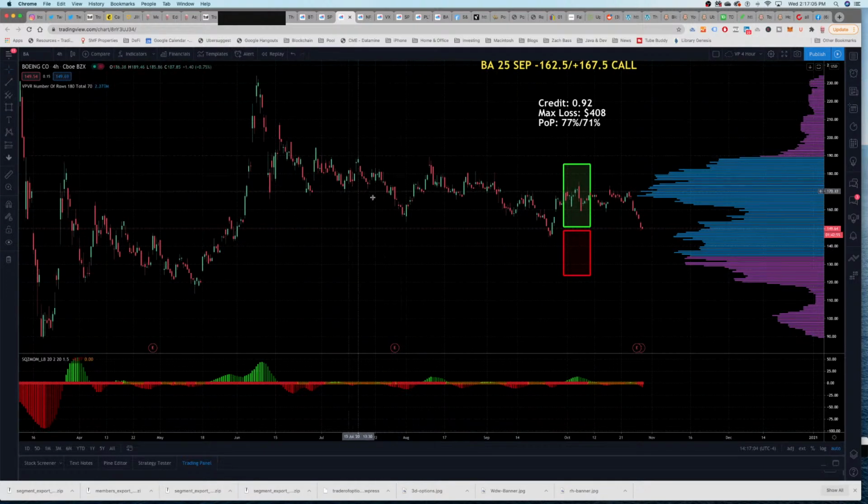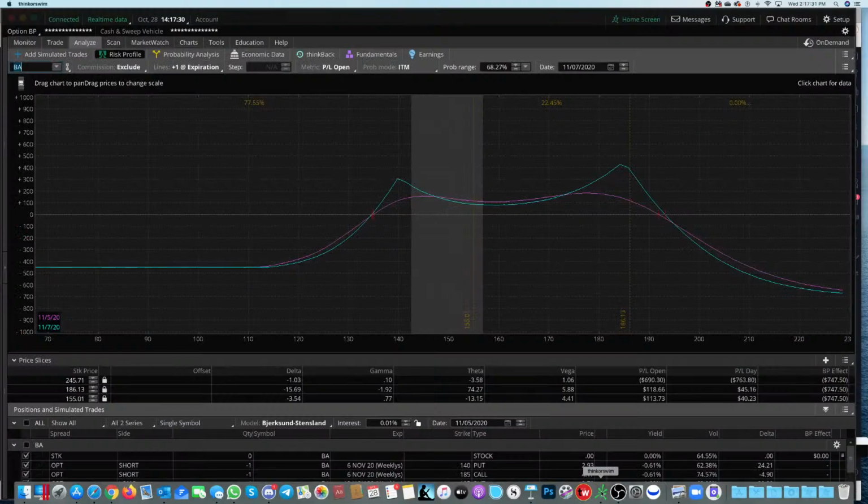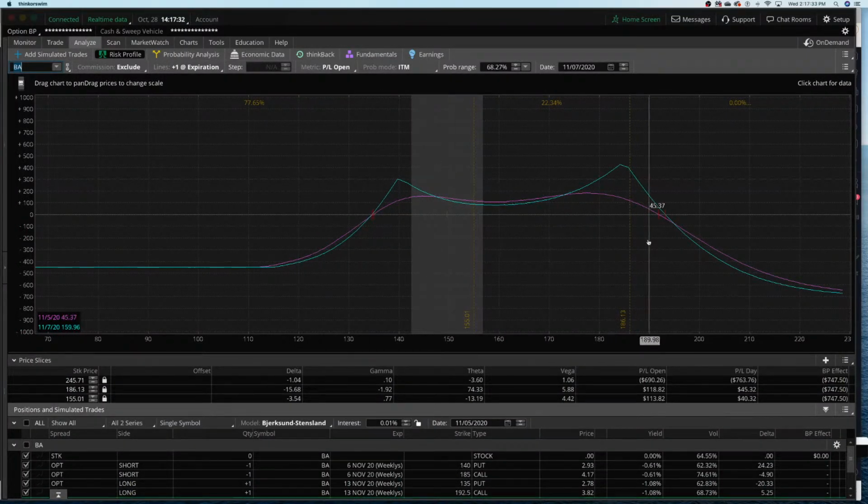And so we had started out with Boeing with a credit spread that was down below, and then we added one above. We started out with a put spread down below, thinking that Boeing was going to move into it, and then it started to move away, so we added a call calendar spread above, and then we resulted in this wide profit tent.